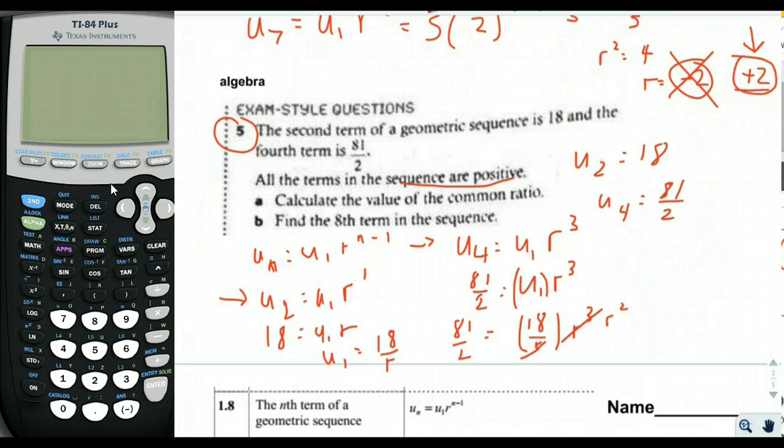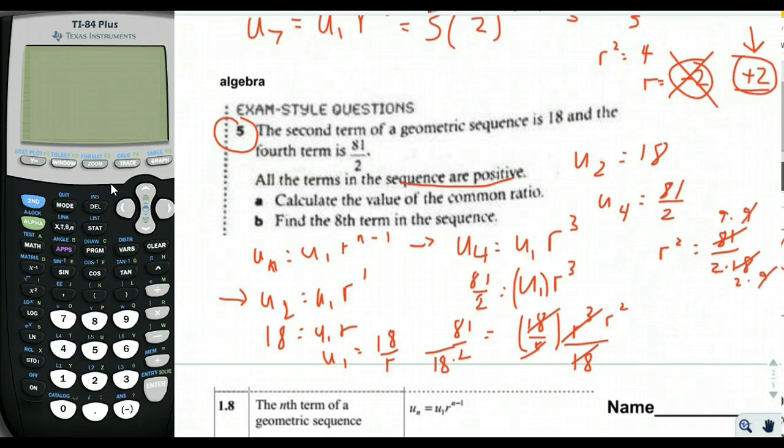So now we have 18r squared equals 81 over 2. Now we're going to divide both sides by 18. So now we have r squared equals 81 over 2 times 18. You may not be good at reducing. You can start using your calculator now, but you can reduce this. 81 is 9 times 9. 18 is 2 times 9.